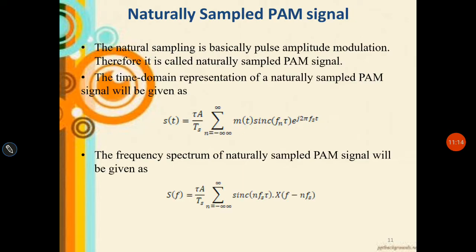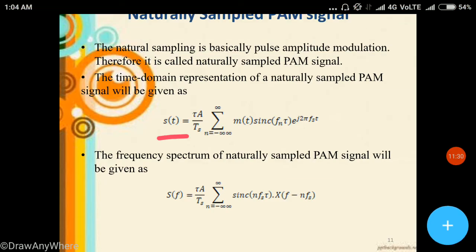Next is the naturally sampled PAM signal. Natural sampling is basically pulse amplitude modulation, therefore it is called a naturally sampled PAM signal. The time domain representation of a naturally sampled PAM signal will be given as s(t) equal to tau A by Ts, summation n equal to minus infinity to plus infinity, m(t) sinc function of n Fs tau, e to the power j 2 pi Fs t.